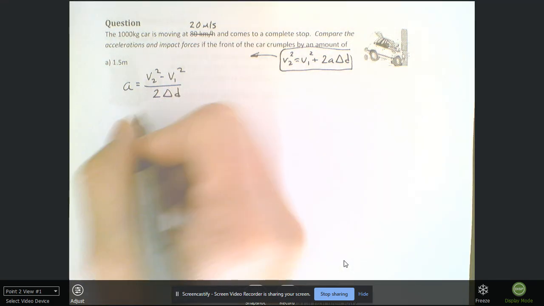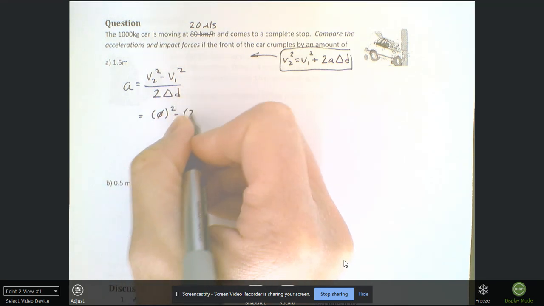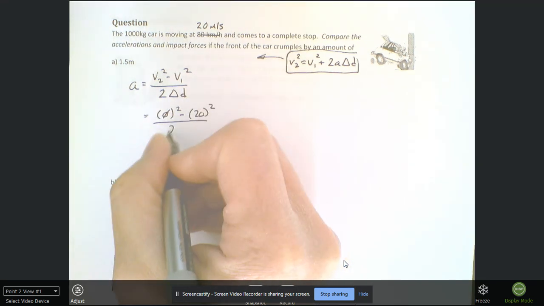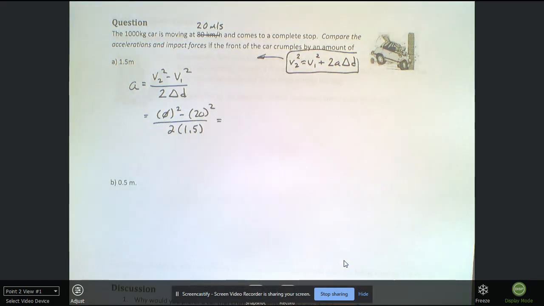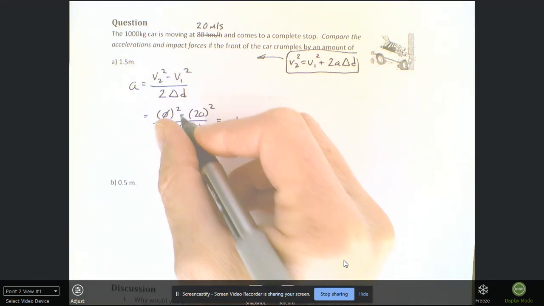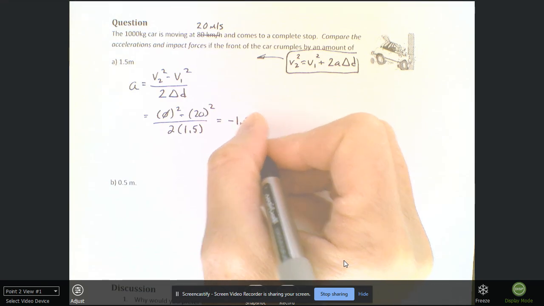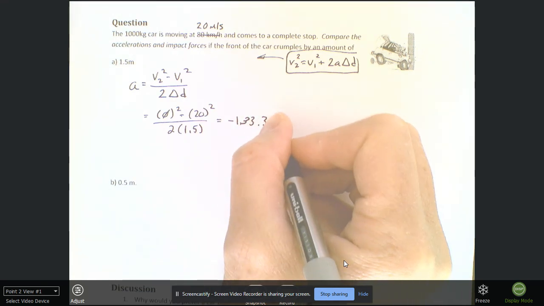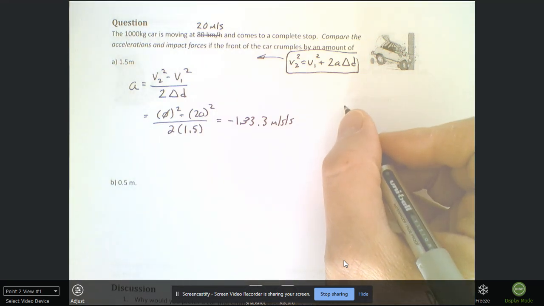So if we substitute in our values, V2 is zero, so it comes to a stop, and it crumples in 1.5 meters. The acceleration: we get 20 squared divided by 2 divided by 1.5, which is negative 133.3 meters per second squared.